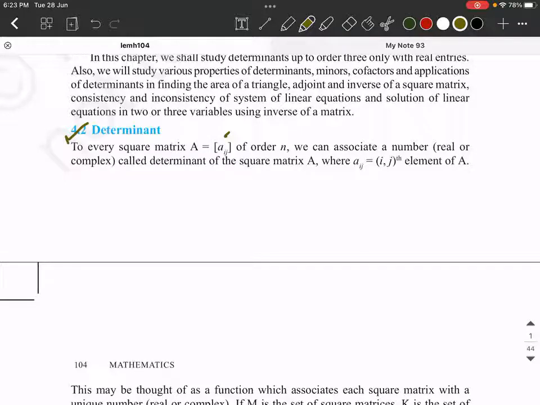Just now I told you, remember, determinant will always give you a number. Order n means n cross n. We associate a number. That number can either be real or complex.